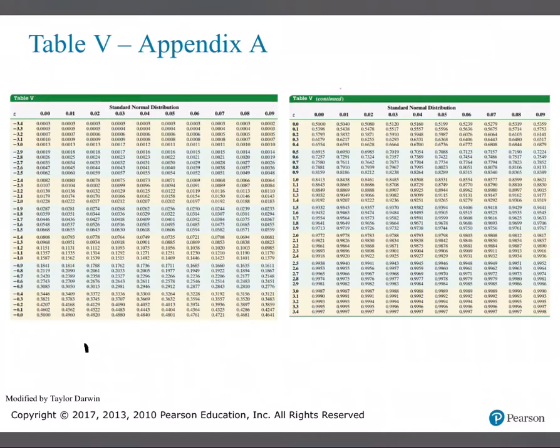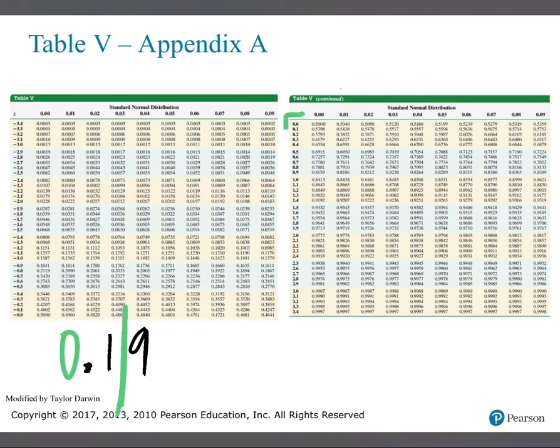I'm going to do 0.19. So remember, there's technically a 0 in front of this, 0.19, and so that 0.1 is still your vertical column.